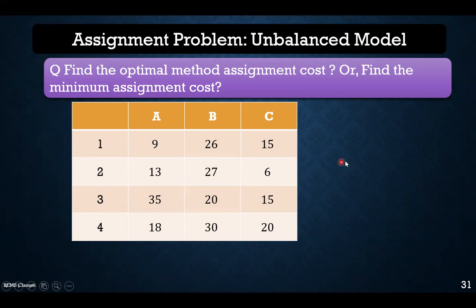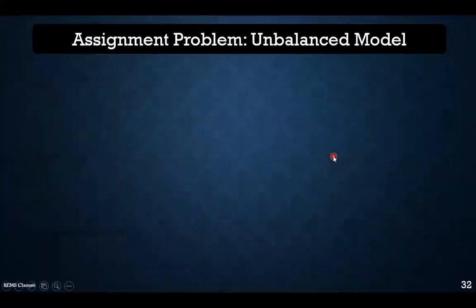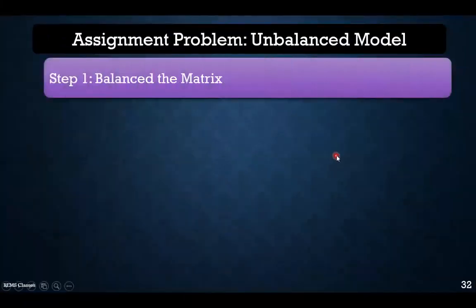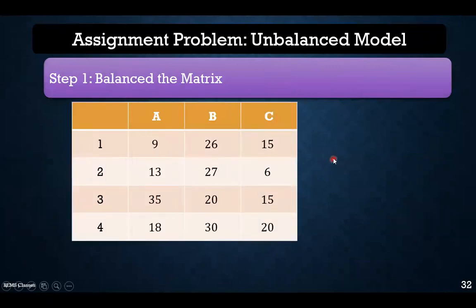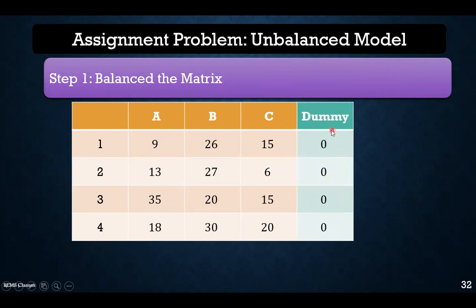To solve this model, we have to balance it. Before using the Hungarian method, first we have to balance the model, balance the matrix. So what we will do is add one dummy column. If there is a scarcity of one column, then we add one column; if there is a lack of one row, then we add one row.